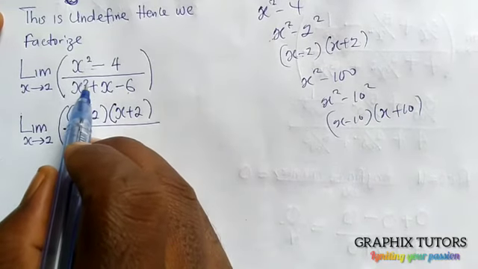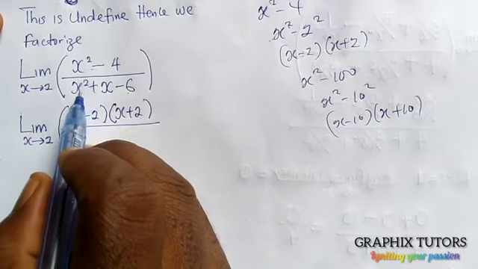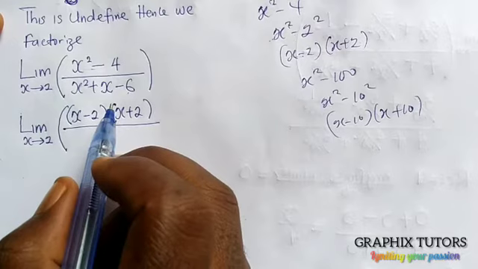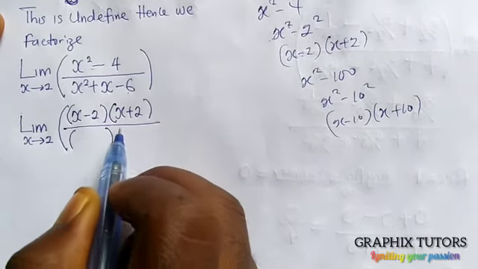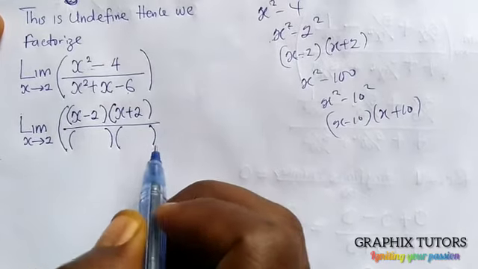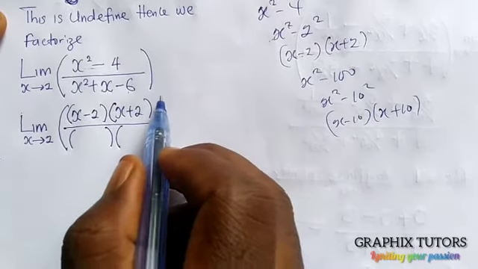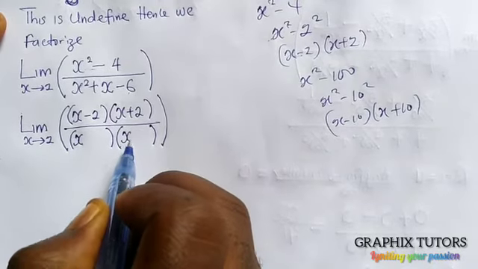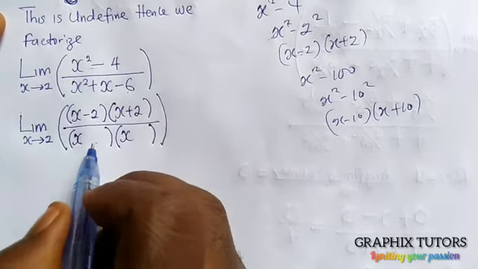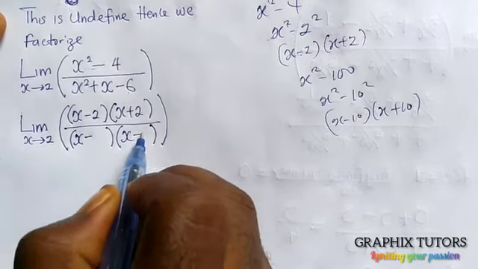Since the power of x is 2, we have 2 values of x. So I'll have 2 brackets here. The first one has x there. The other one has x here because x has the power of 2. So I'll put a negative first here.